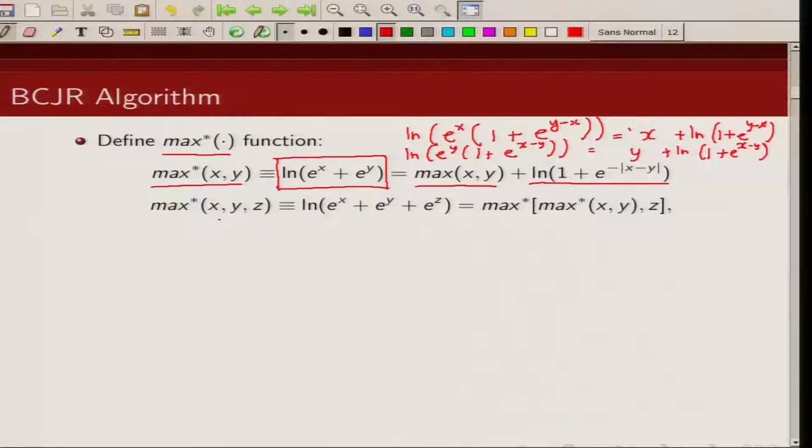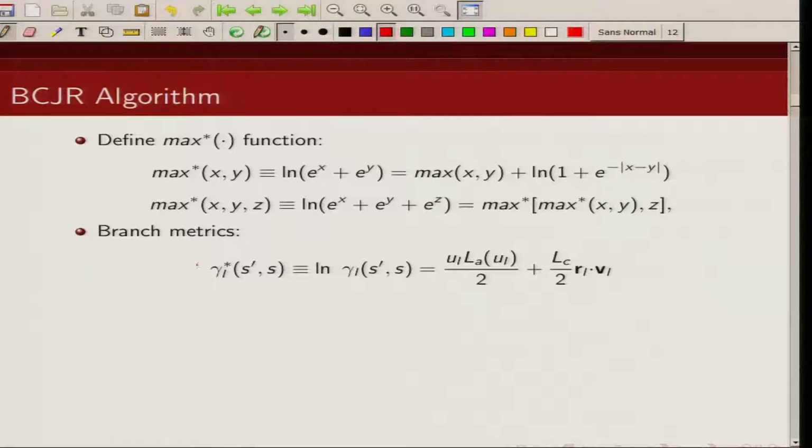If you want to find max star of x, y and z, then I can write it as the natural log of e to the x plus e to the y plus e to the z, and I can compute the max star of x and y, and then take the max star of that result with z. So, I can iteratively apply this max star operator to compute quantities of this form, which is the log of summation terms. Now, where do we encounter log of summation terms? I will come to that.